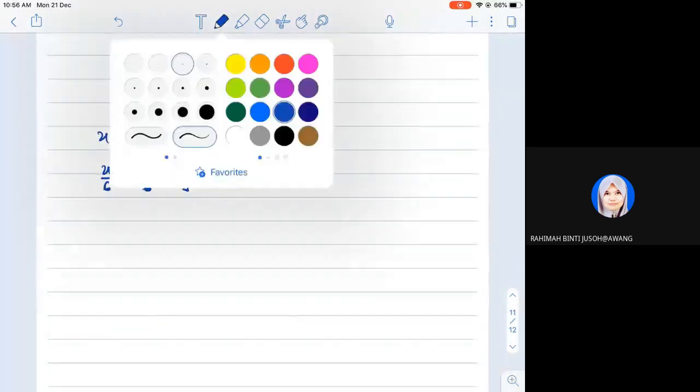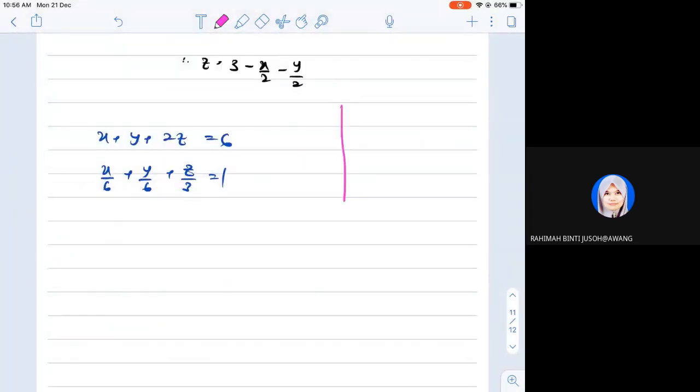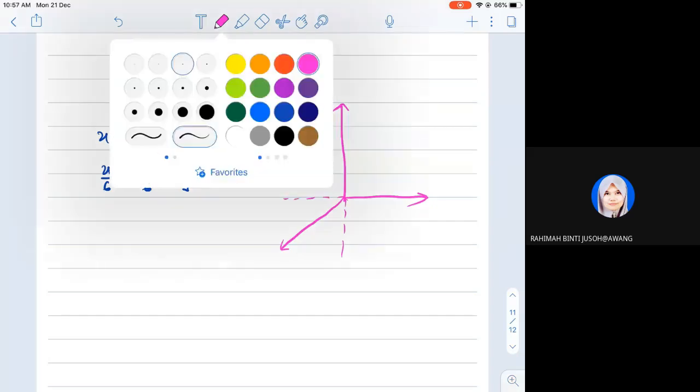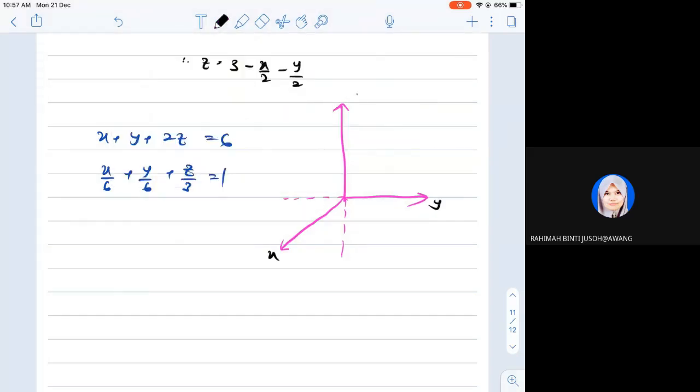So in 3D, you have something like this. All values are positive. We have x equals 6, y also equals 6, and z equals 3. So we have this plane.